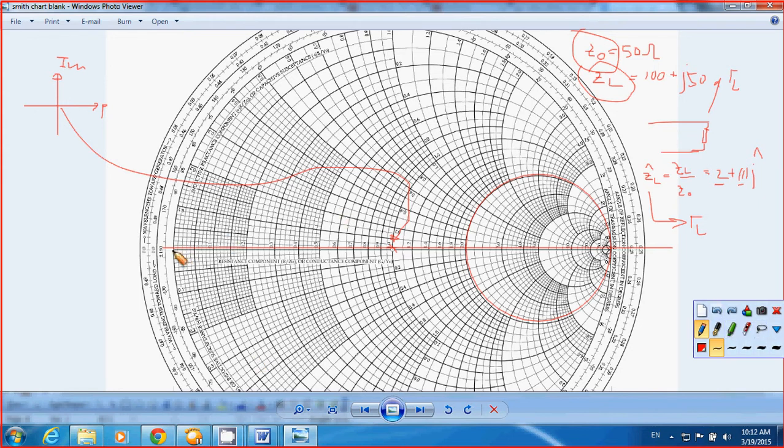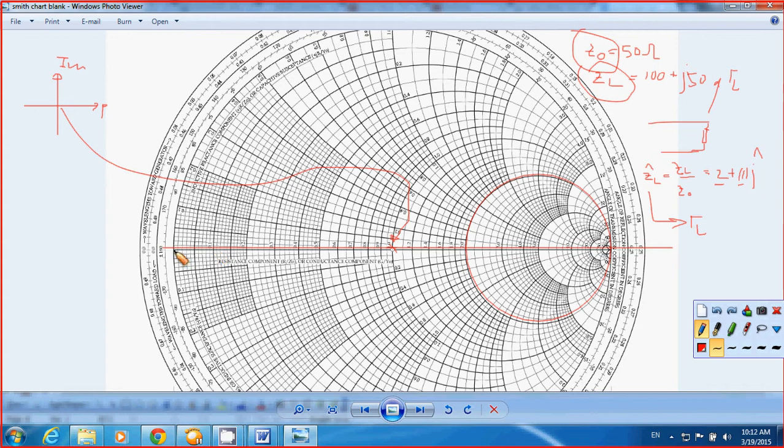Next, if you notice, you look at this circle, the largest circle, or the largest diameter. You can see the numbers start from 0 and then increase from the left to the right.